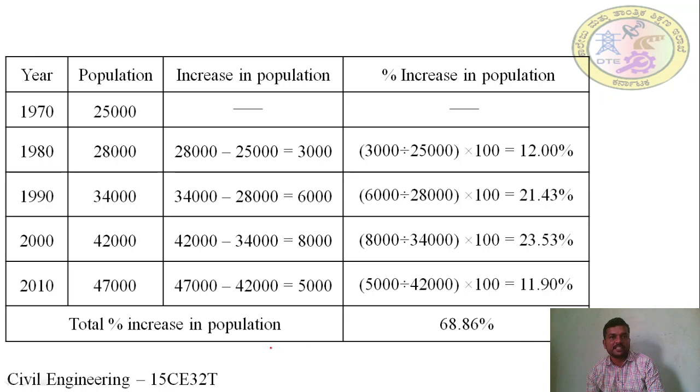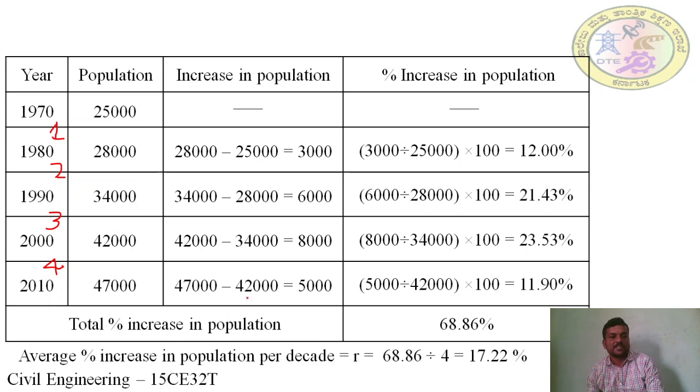So the average increase in population per decade is 68.86 divided by the number of decades. Here, 1970 to 1980 is the first decade, then the second decade, the third decade and the fourth decade. So the average percentage increase in population per decade, R, is equal to 68.86, the total increase, divided by 4 decades, which works out to be 17.22%.